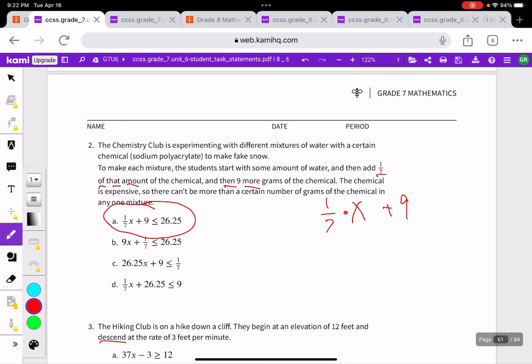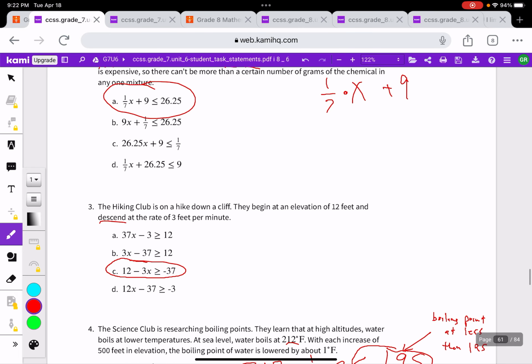My guess is, if I have 26.25, I would say grams of water or something, then how much of the chemical can I add?